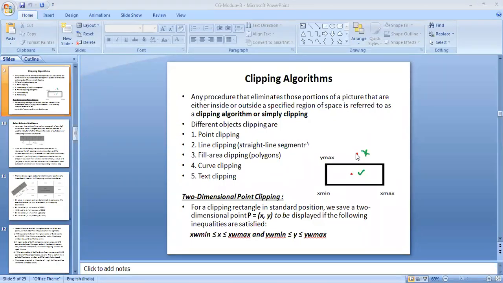Here the y quadrant of this point is greater than y max because it is above this window, above this y max. So I will be clipping that particular point, that means I will not be retaining that particular point.